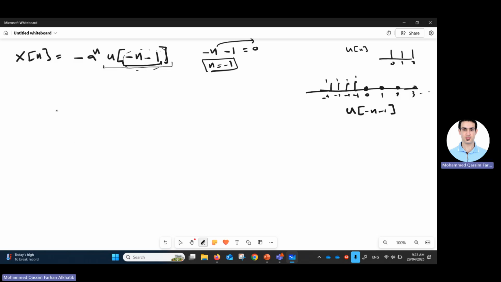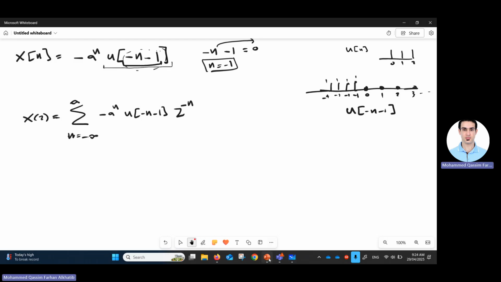All right, so my summation now, X of z equals summation n equals negative infinity to infinity, negative a to the power n, u of negative n minus 1, z to the power negative n.